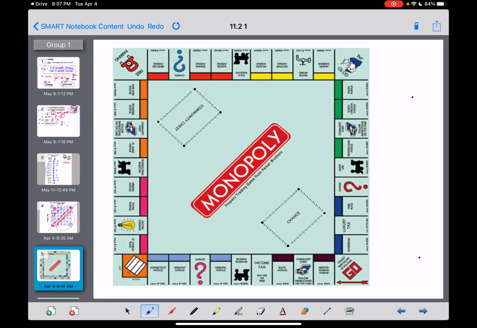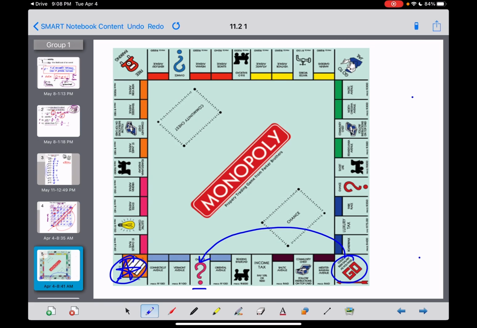For example, there's a reason why when you start at Go, the square that's 7 units away is this Chance one, because that's the one that people tend to roll the most. And if you know stuff about dice and probability, you can use that to your advantage. Not to give too much away, but the one square on a Monopoly board that people land on more than anything else is the jail square, because there's 3 different ways to end up on that square.